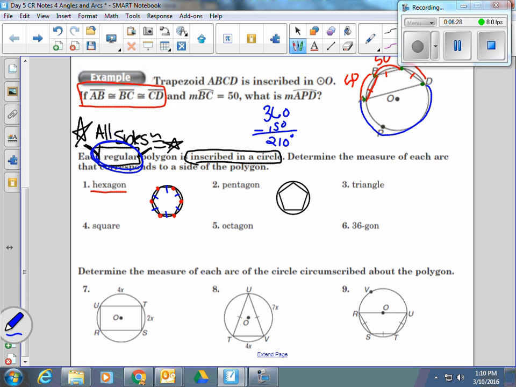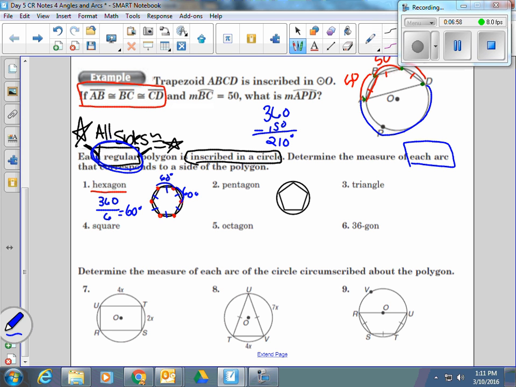But the problem is that now they want to know how big is each arc. Why? Good. A full circle is 360, and because they're regular, they're all the same. So 360 divided by 6 is 60 degrees. So that means that each arc is going to be 60 degrees. Does that make sense?